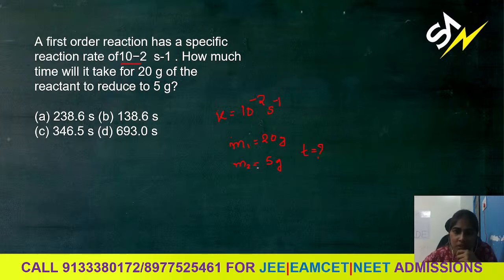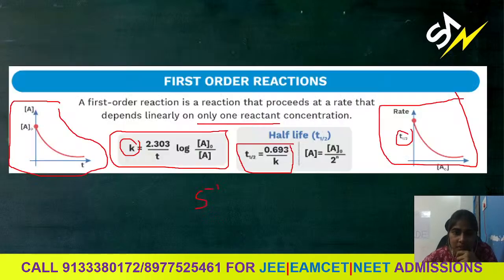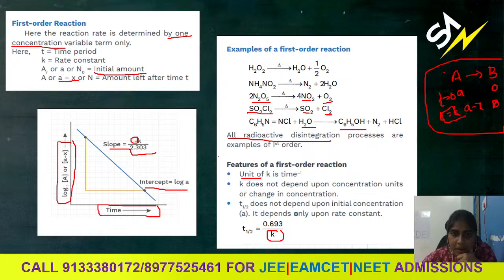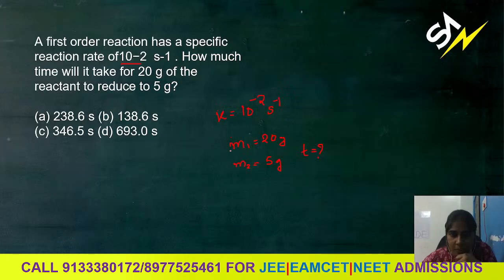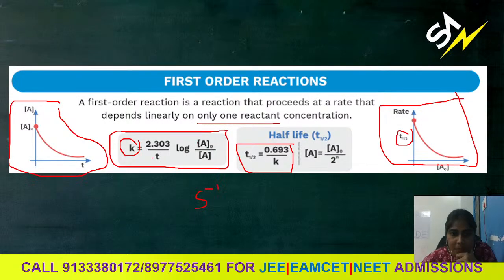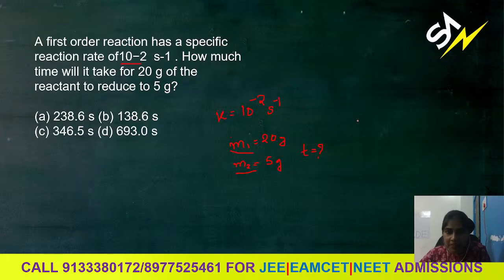To calculate this, we obviously need the rate equation, because rate constant, time and concentration terms are involved, but here the question gave information about mass. Now let us see the relation between concentration and mass. Concentration is given by number of moles by volume, right?